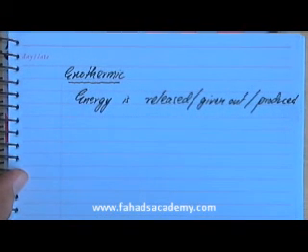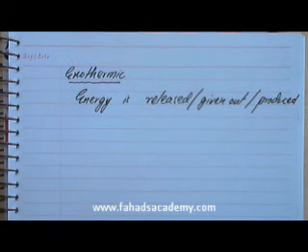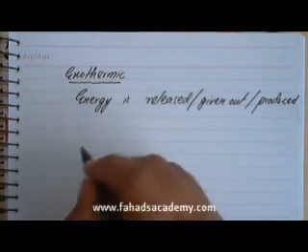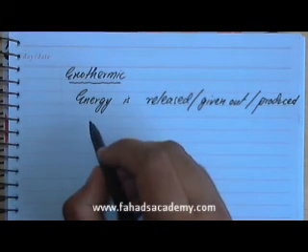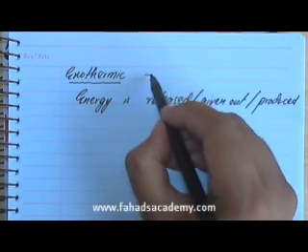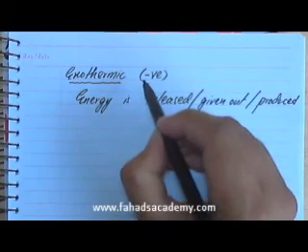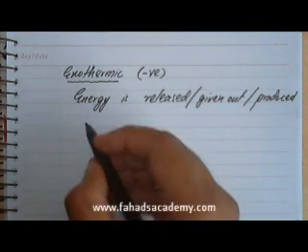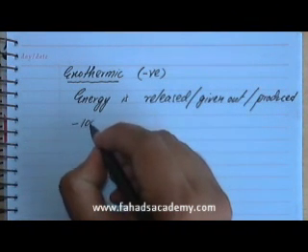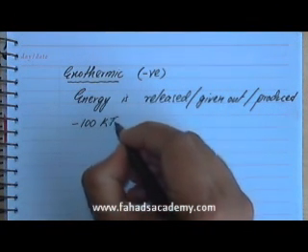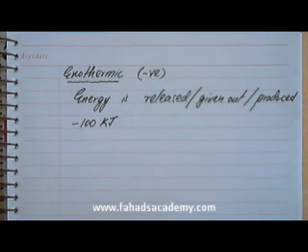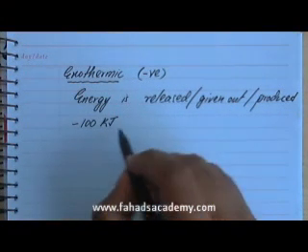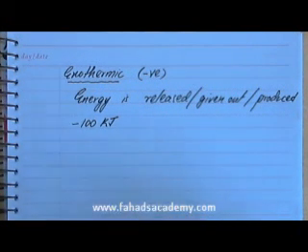Whenever energy is released, given out, or produced, the term exothermic reaction applies. The sign for an exothermic reaction will always be negative. The unit for energy is still joules or kilojoules, but the sign is negative. So if a reaction's enthalpy is written as minus 100 kilojoules, that means 100 kilojoules of energy is released, given out, not taken in.